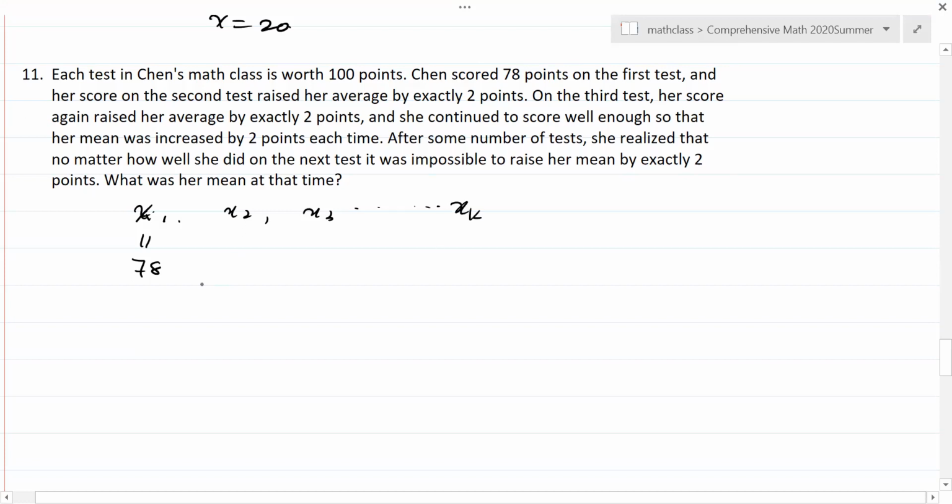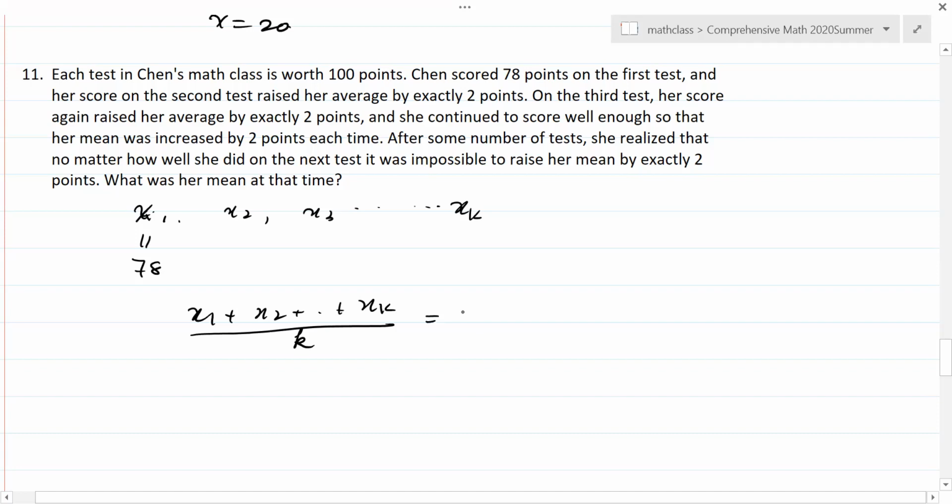So add them together, x1 plus x2 up to xk, divided by k, is going to be the average score. Actually, it adds 2 every time. So I think it's going to be 76.